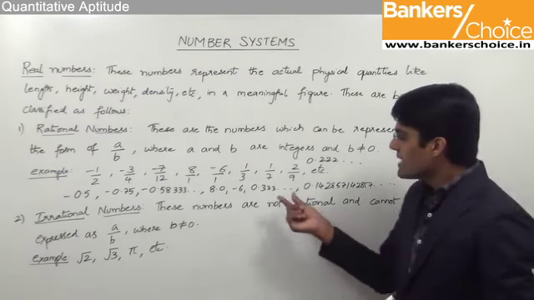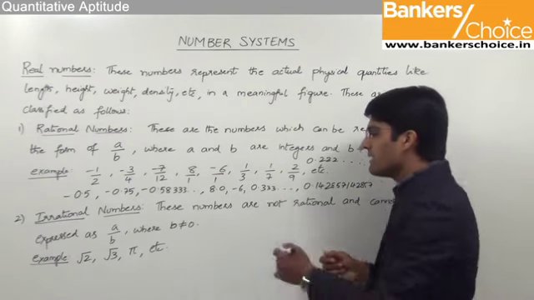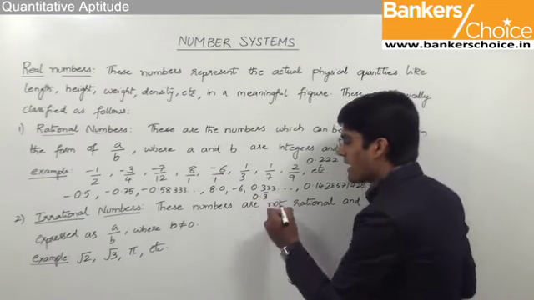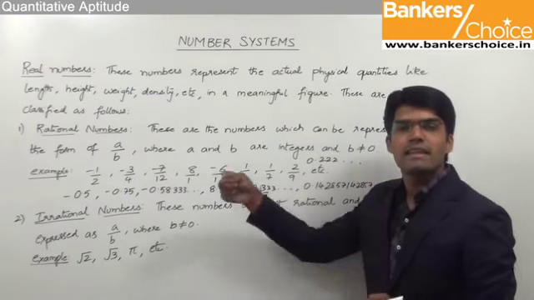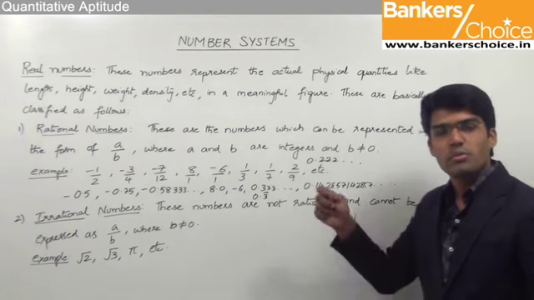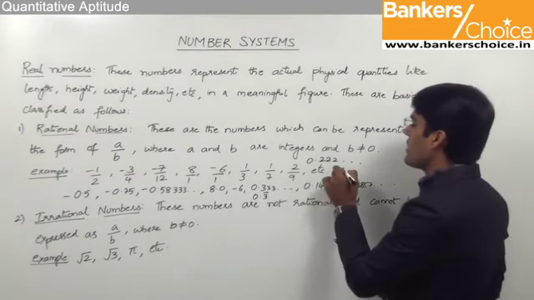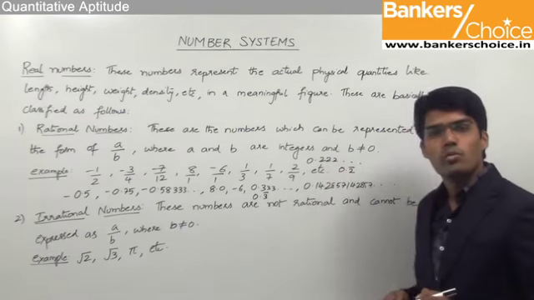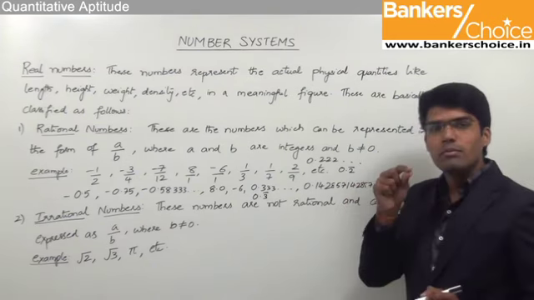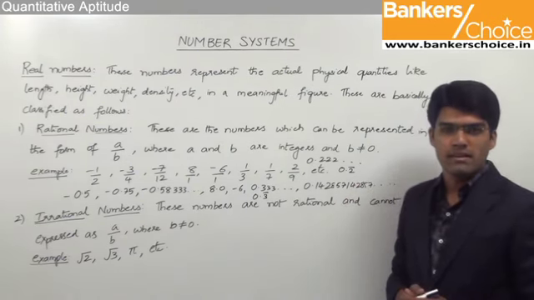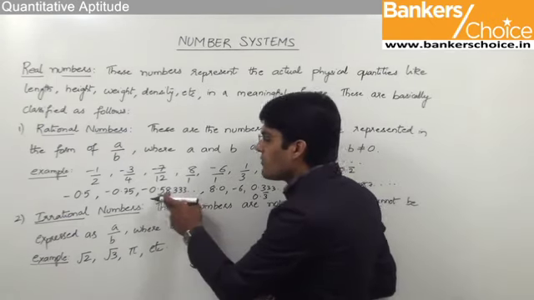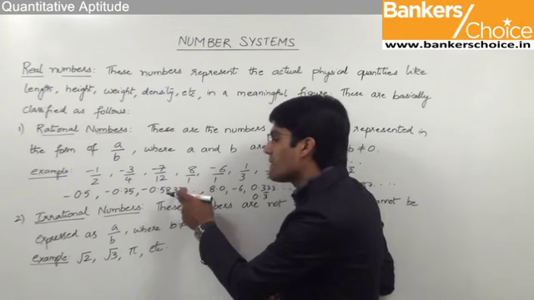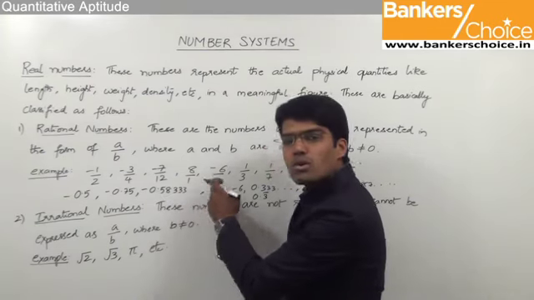For example, if you look at 0.333, this is nothing but 0.3 bar. That means this digit 3 occurs again and again at regular intervals up to infinity. Similarly, in case of 0.22, it can be taken as 0.2 bar. Why? Because here the number 2 occurs again and again at regular intervals. And if you look at 0.58333, up to 5, 8 it is fine, but after 8, the number 3 goes on up to infinity.